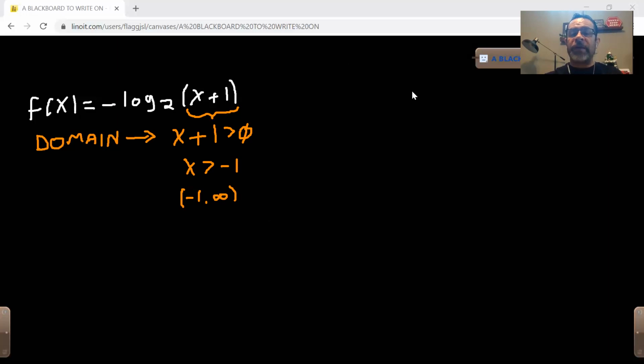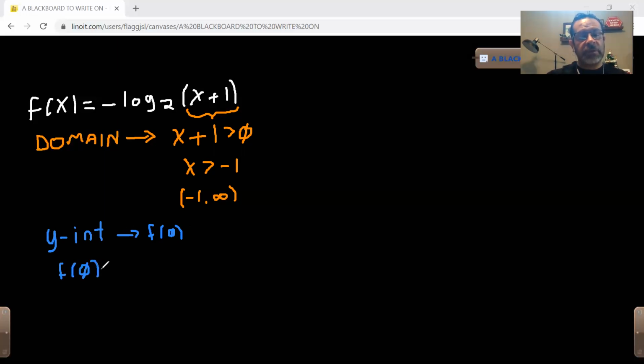Now, the other thing they're asking us to do is to find the x and the y intercept. Let's start with the y-intercept. The y-intercept is going to occur for f of 0, meaning that x has to be 0.